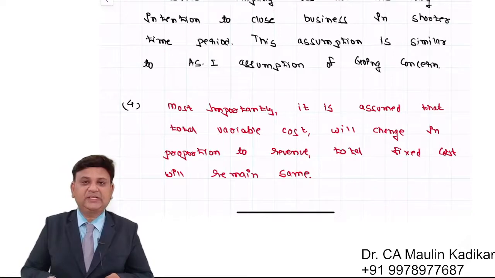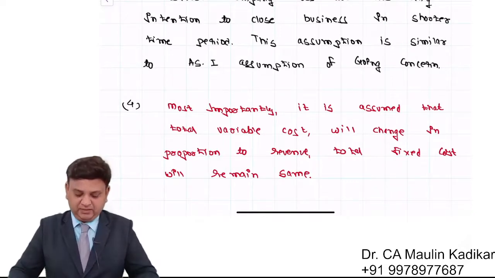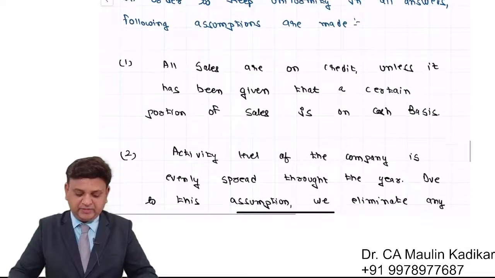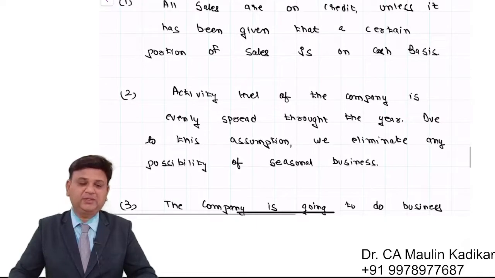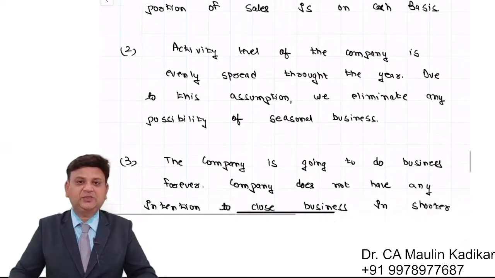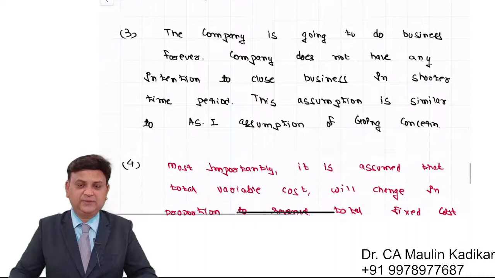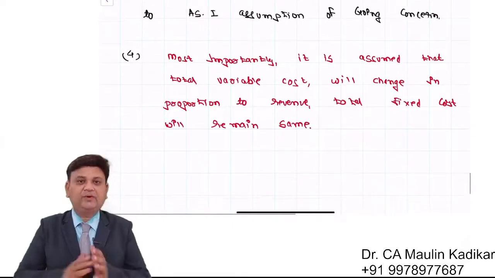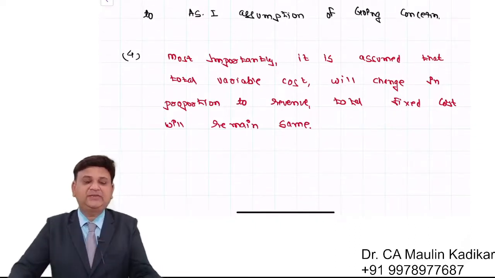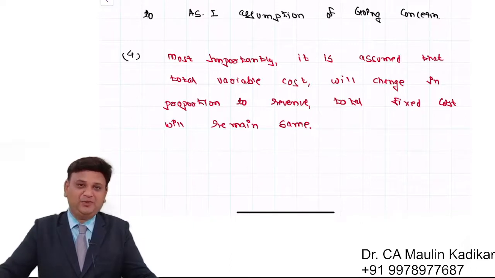So friends, these are the basic assumptions which have been made. However, we may be provided with any contrary information. If any such contrary information is given to us, then we are required to follow that instruction. Otherwise, these are the general assumptions which have been followed.